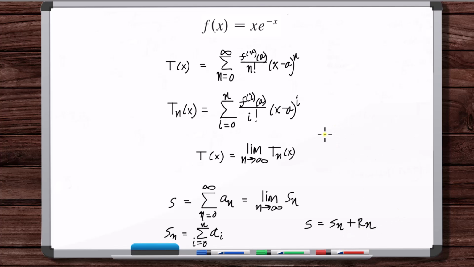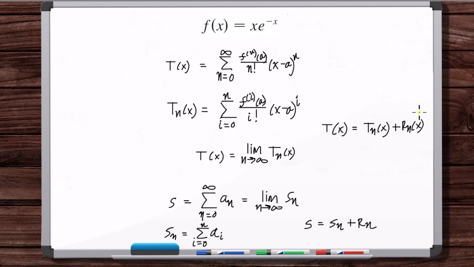You can do the same thing here. The Taylor series is equal to the nth Taylor polynomial plus r sub n of x. This is the same exact concept, but now we're working with power series. In the next section, we're going to use r sub n of x to calculate the accuracy of a Taylor polynomial.